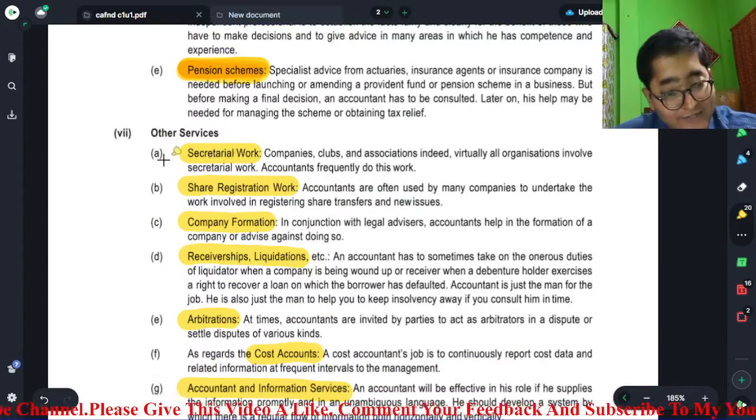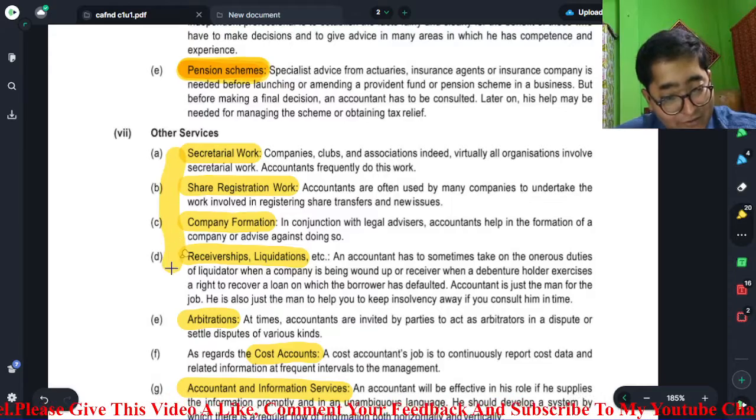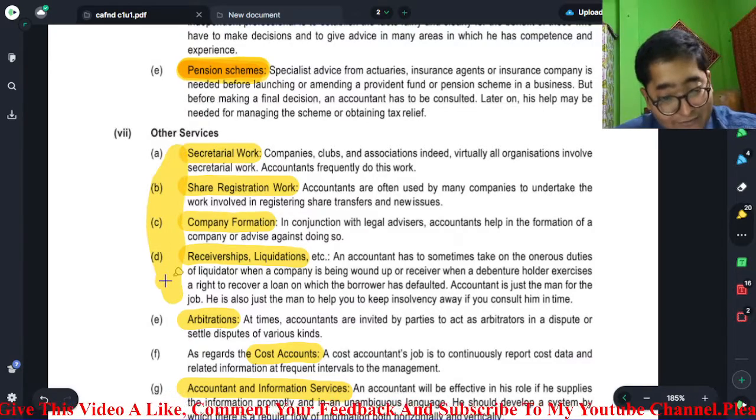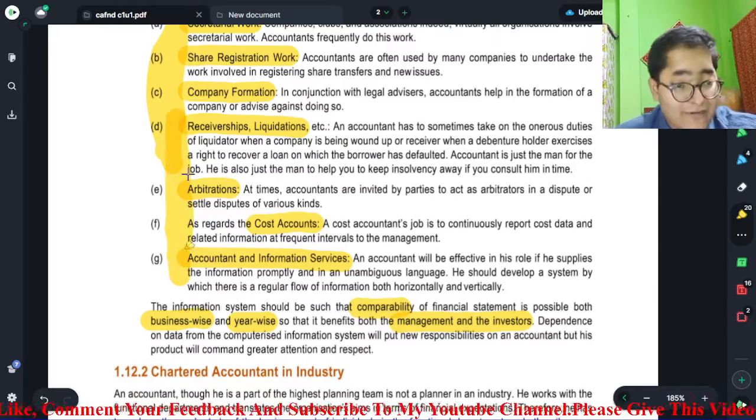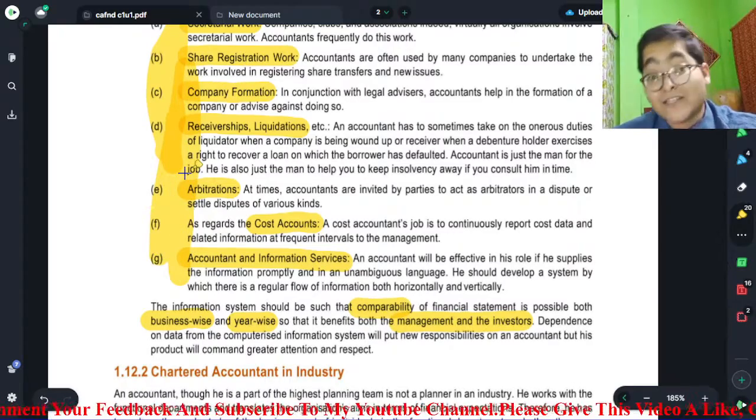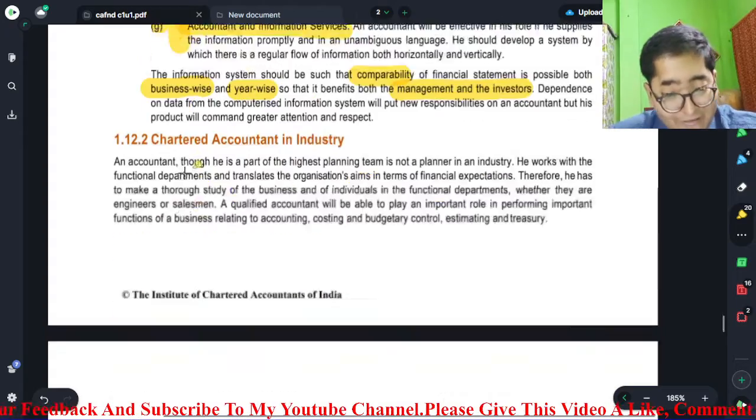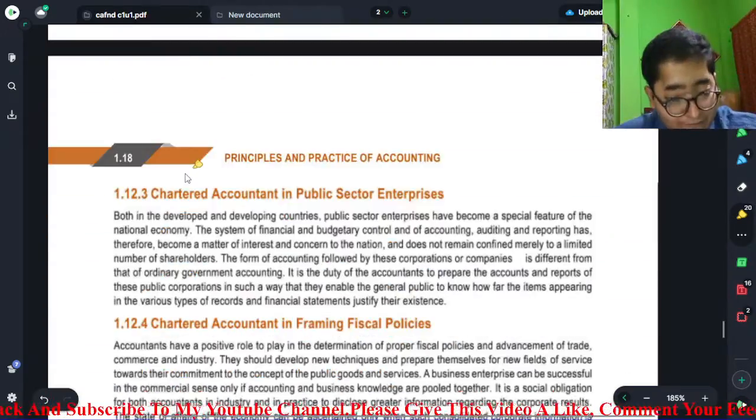And other services are secretarial work, share registration work, company formation. These are other works which can be done by an accountant, or especially a chartered accountant, right? Yes, a chartered accountant in industry.